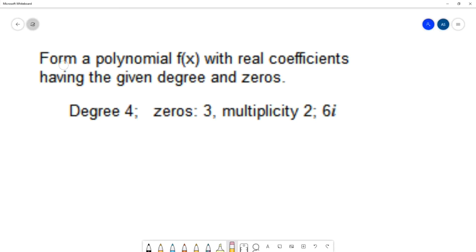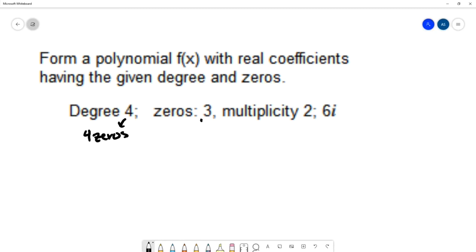In this example, we want to form a polynomial with real coefficients having the given zeros, given degree and zeros. We have a polynomial that has degree 4, so that means we're going to have 4 zeros. We're given some of those zeros.